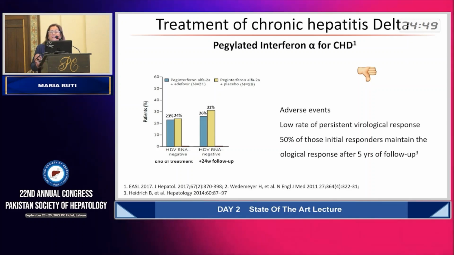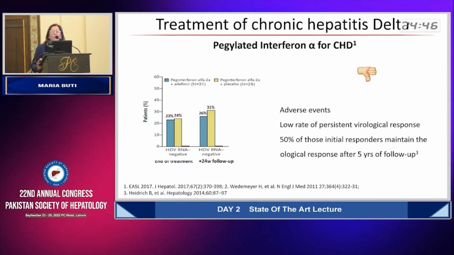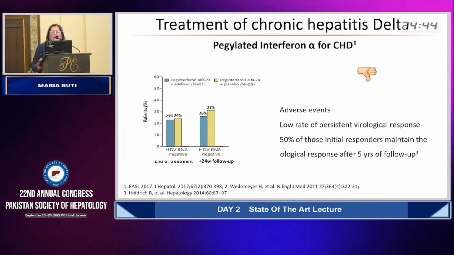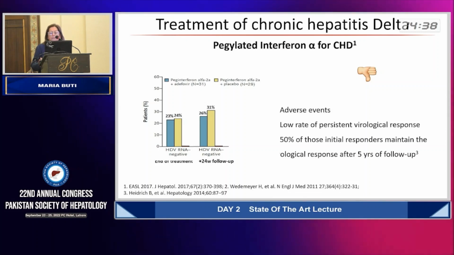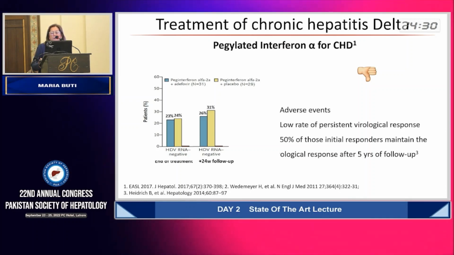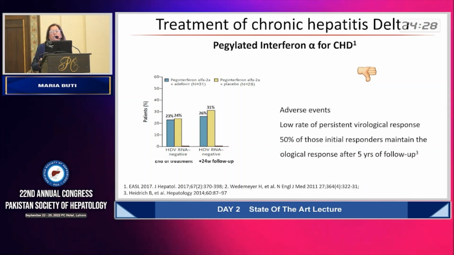That means that at the end, a very low proportion of patients, around 12%, maintain a sustained virological response. In addition, interferon has adverse events, and not all patients are candidates to receive this drug due to contraindications.